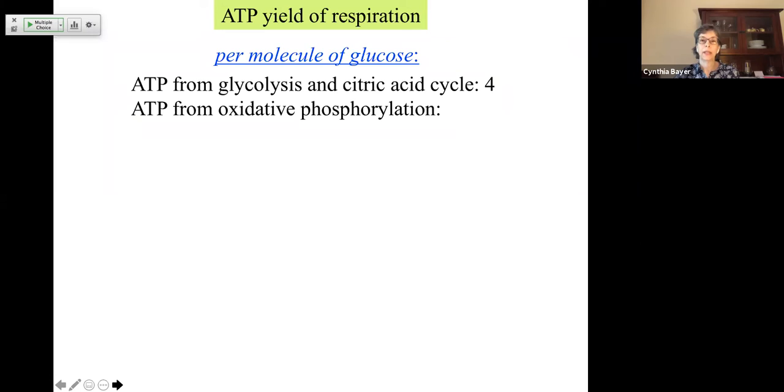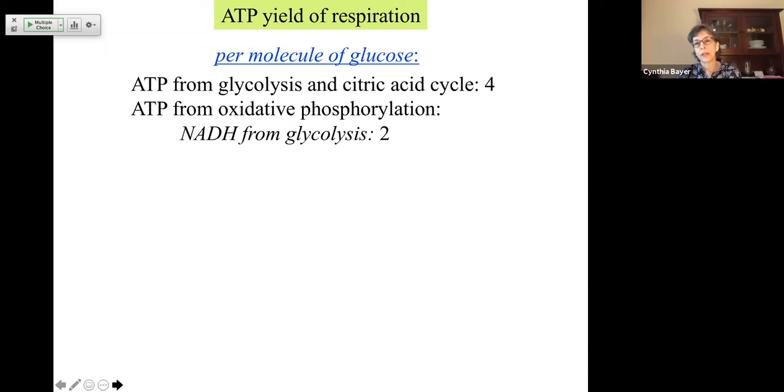How many NADHs are generated during glycolysis? That's a pretty common number, right? We're still on 2, right? Glycolysis generates a net of 2 ATPs and 2 NADHs. Where else do we get NADH from?